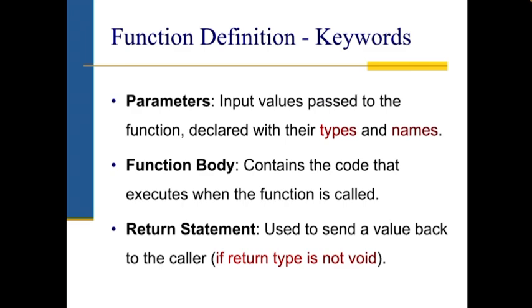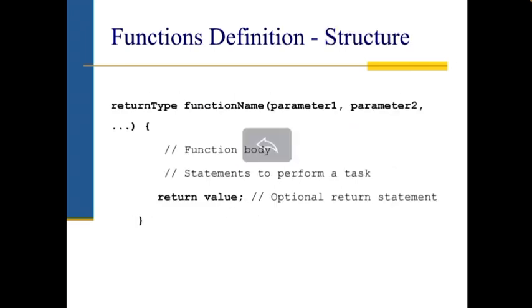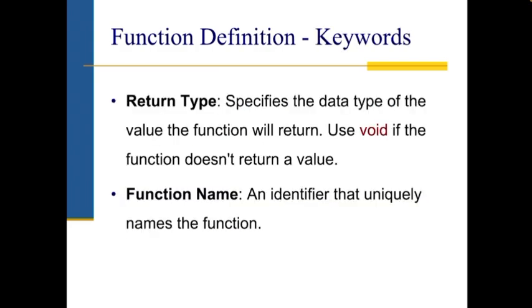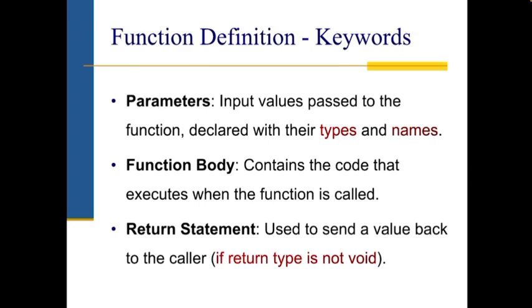Also the parameters: input values passed to the function, declared with their types and names. Function body contains the code that executes when the function is called. Return statement is used to send the value back to the caller if the return type is not void.